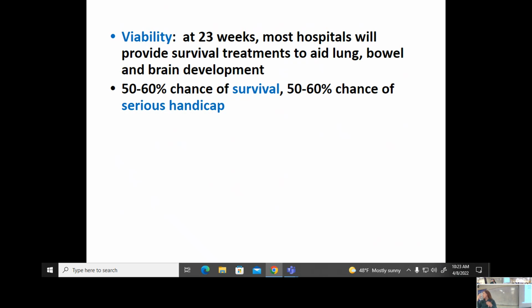So your question last week, like, when are they finished developing? It's actually not at 23 weeks. That's the time when we have the medical technology available in big hospitals to support their development after they're born.